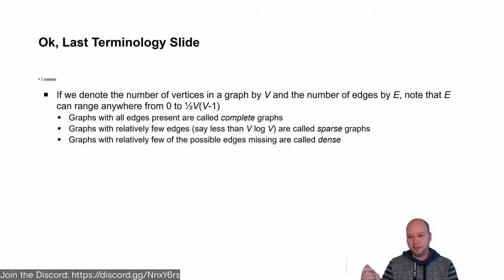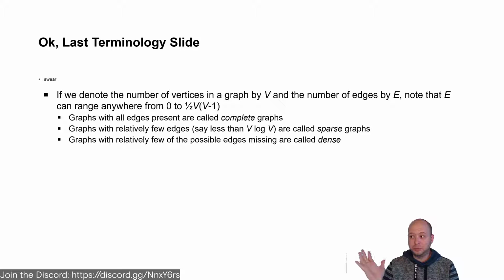So we are guaranteed to have no more than v times v minus 1, divided by 2. That is the maximum number of edges that you can have in a graph with v vertices. You can do the math to get there.